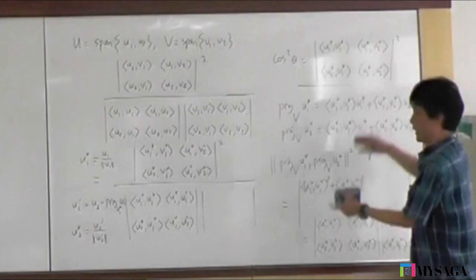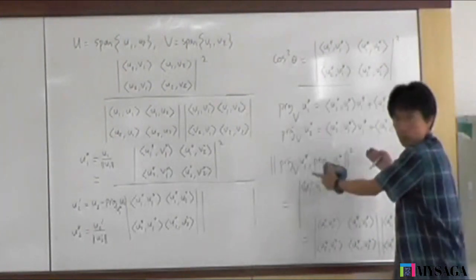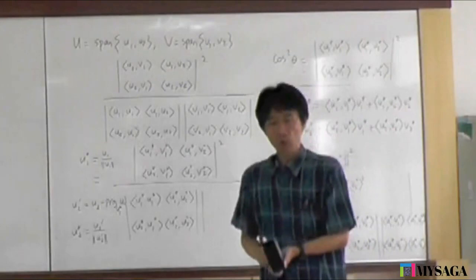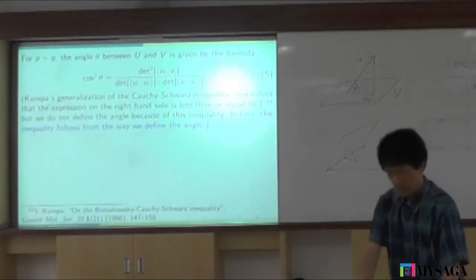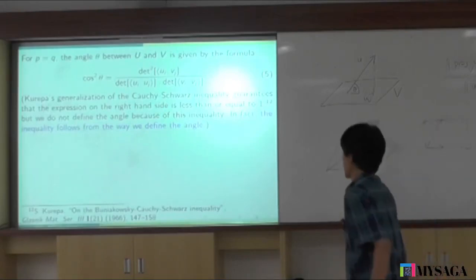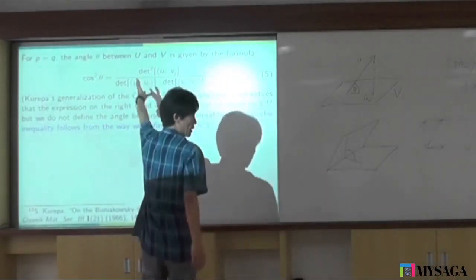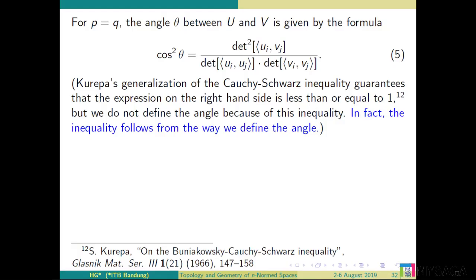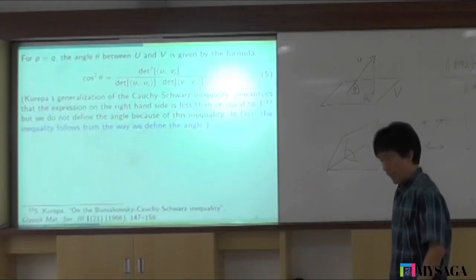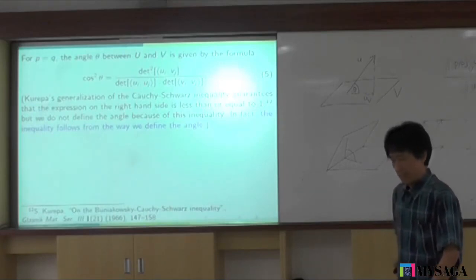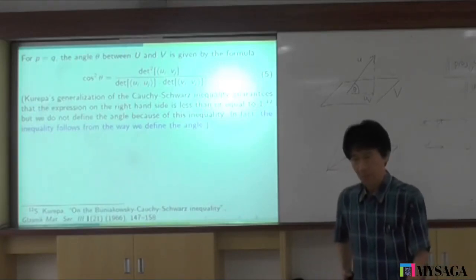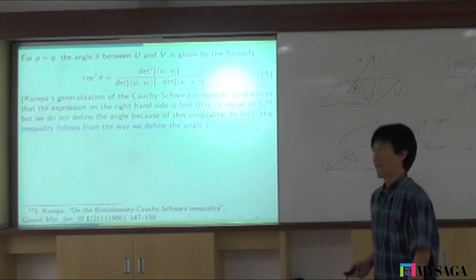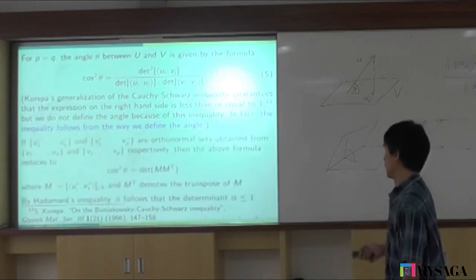the cosine square is equal to the 2 norm square of the projection vectors. So this coincides with the formula that we had before as the ratio of the area of the projected parallelogram and the area of the original parallelogram.